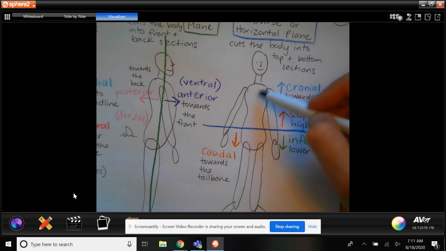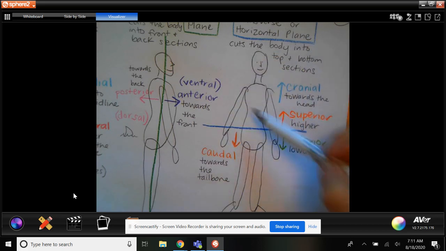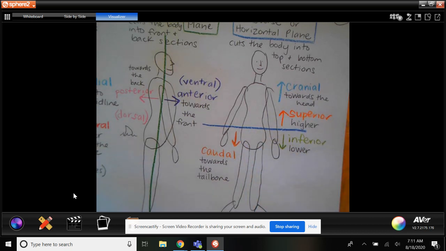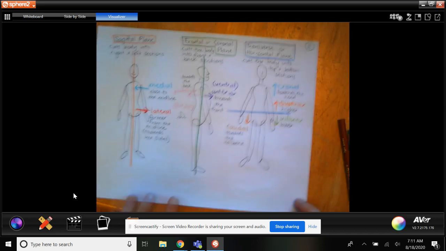So anything in this top section of your body, if you're getting lower down, let's say someone has a scratch on their butt. You would say, oh, the scratch is more caudal than their shoulder blades, because it's towards the tailbone or closer to the tailbone. Okay.